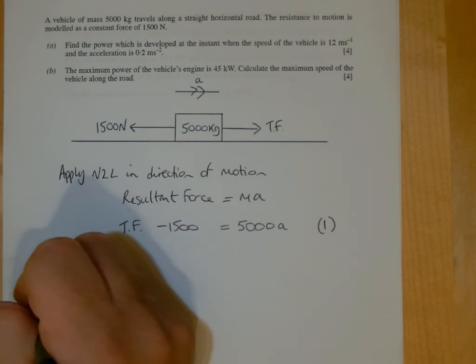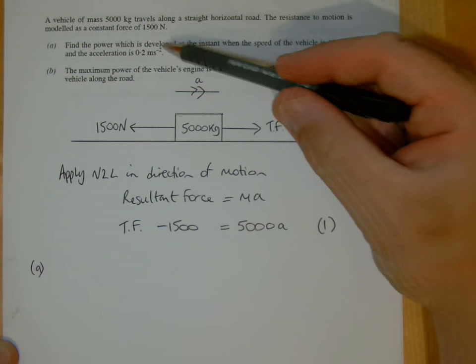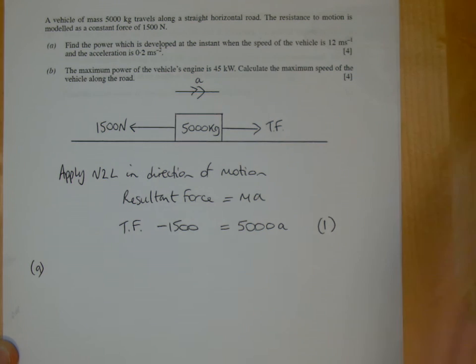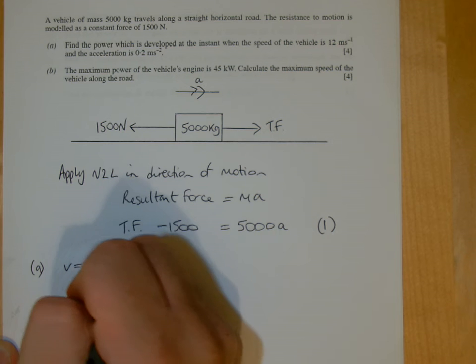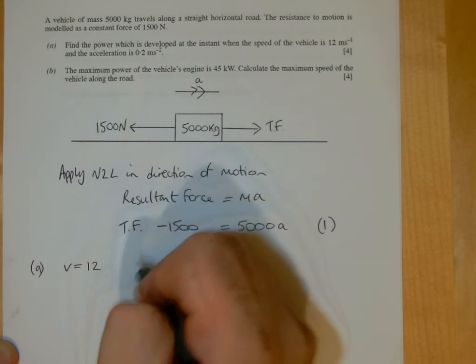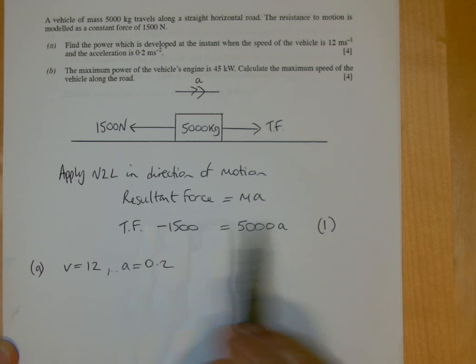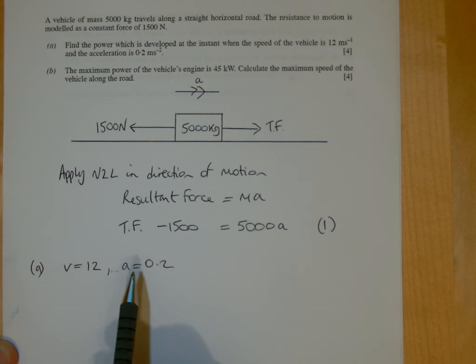In A, it says find the power which is developed at the instant when the speed of the vehicle is 12. So when v is 12 and the acceleration is 0.2. Using Newton's second law, I can use the acceleration value to work out the tractive force.